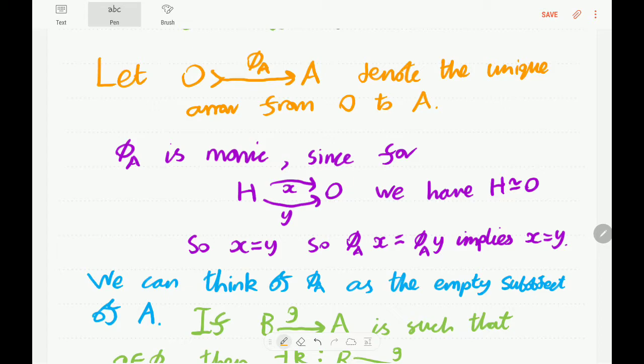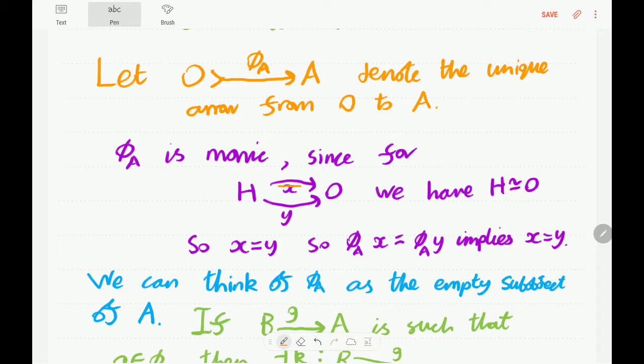So let's understand this. Firstly, 0_A is a monomorphism. Why is that? Well, suppose we have a couple of arrows from some object h to 0, say x and y.